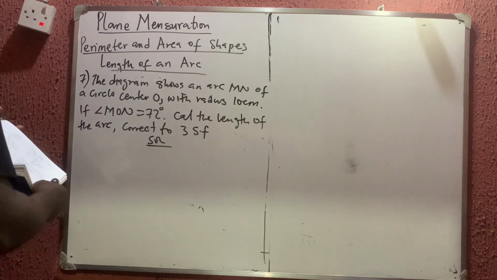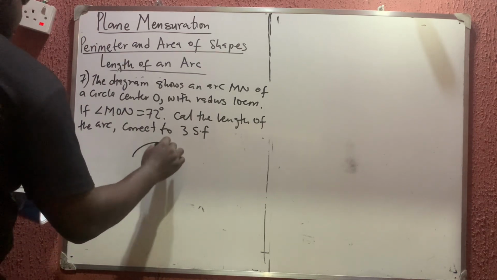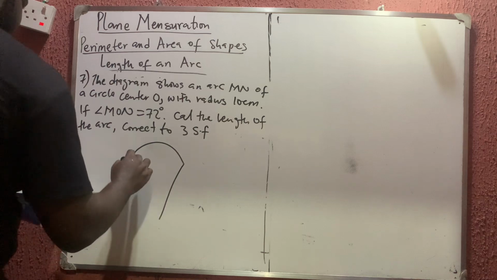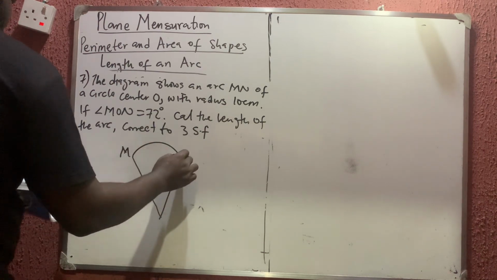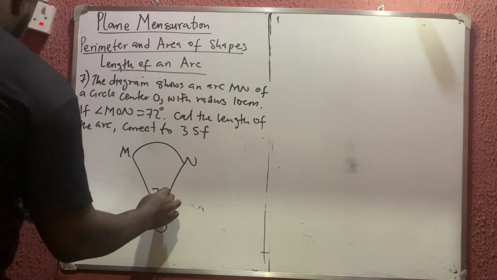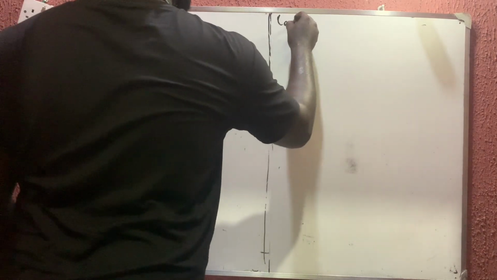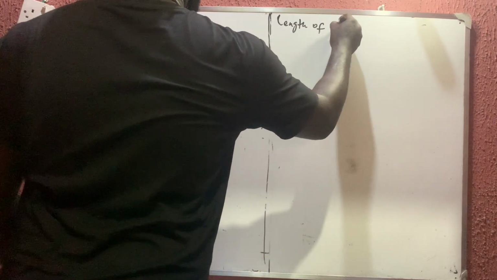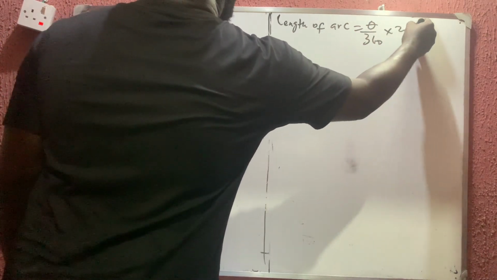Solution. Okay, look at the shape they gave us. They gave us something like this. Sorry, I'm not good at drawing. This is my M, this is my N, and this is O, and this is 72 degrees. Now this is very simple. Length of an arc is equal to theta over 360 times 2 pi r.